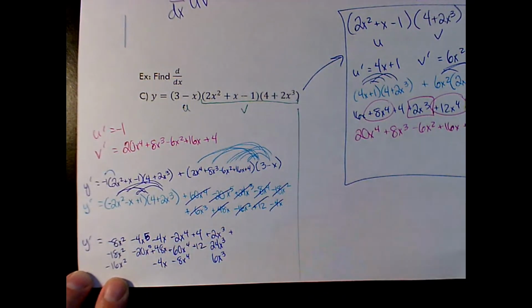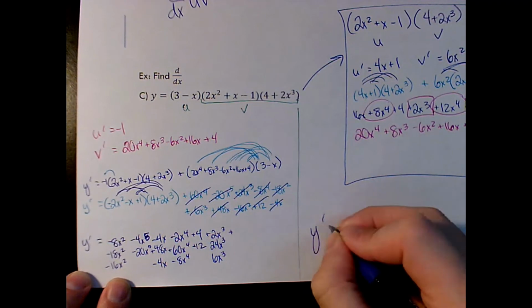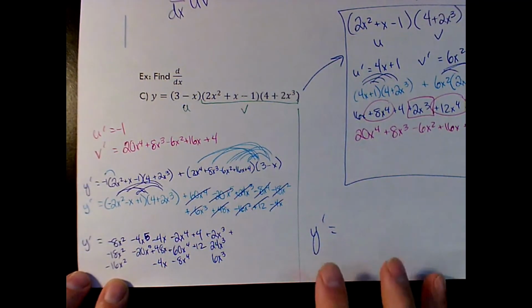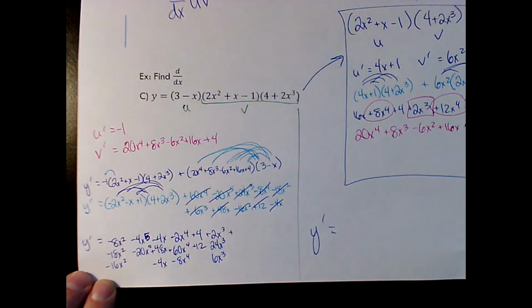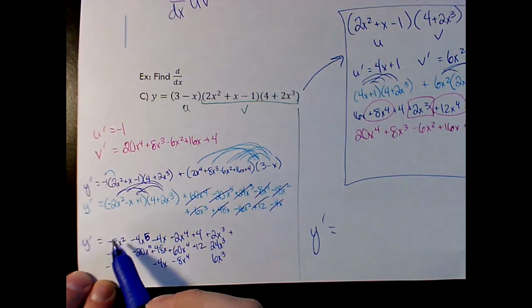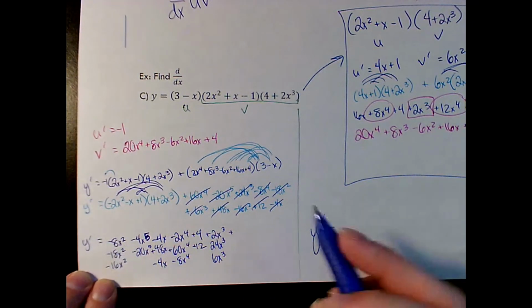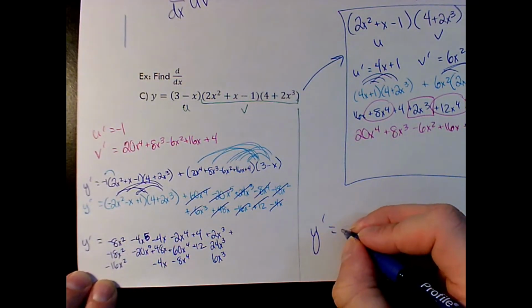So all that's going to equal negative 8, negative 18, negative 16. We have negative 26, negative 42, right?